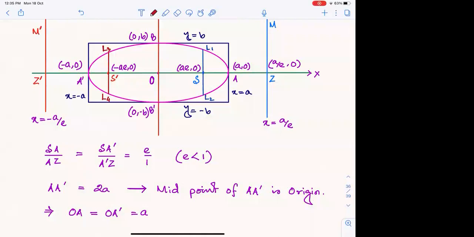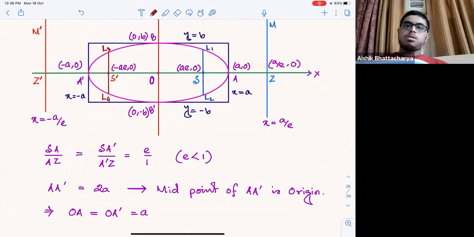Accordingly, L3 can be marked as (minus AE, b squared by a) and L4 as (minus AE, minus b squared by a). So far, is that clear?